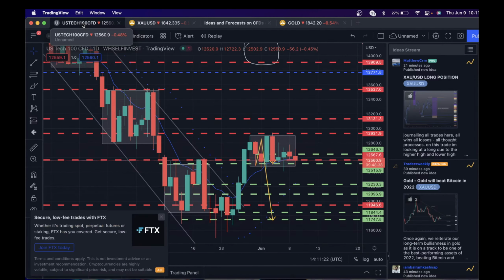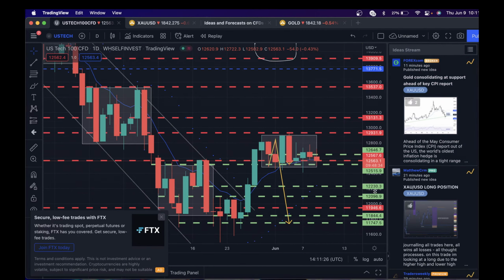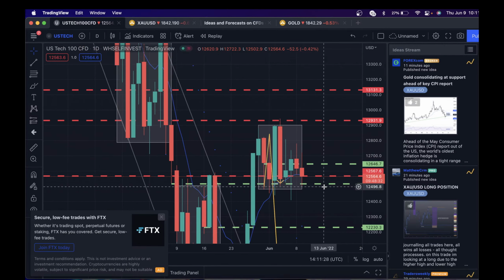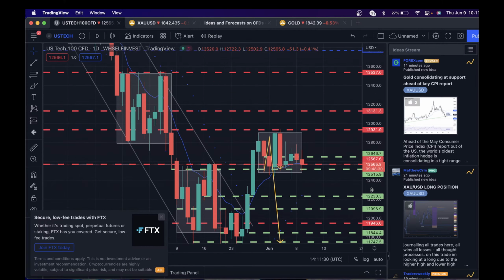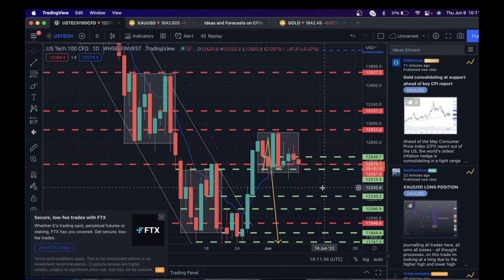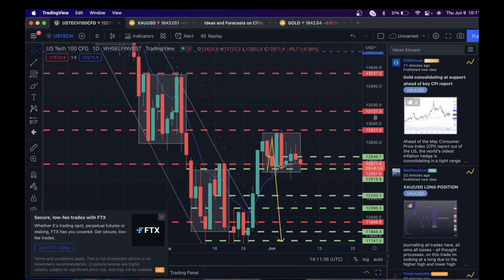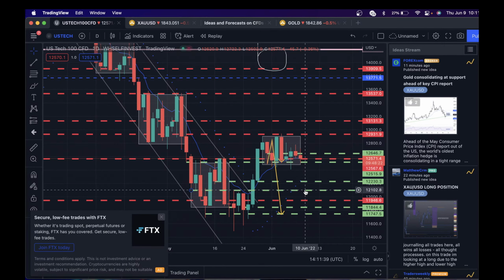So let's look at the NASDAQ. It still hasn't broken any of the levels here. It's still consolidating. As you can see, if NASDAQ goes up, gold should go down. If NASDAQ goes down, gold will go up.